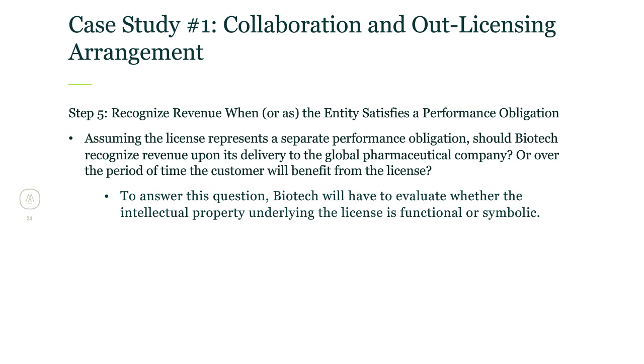And you would recognize the difference as an adjustment to reflect the true-up of your estimate. And you would do a similar true-up for the R&D services revenue. The key takeaway is that estimates would need to be adjusted each reporting period, and to the extent that such estimates change, you will have true-ups to revenue.